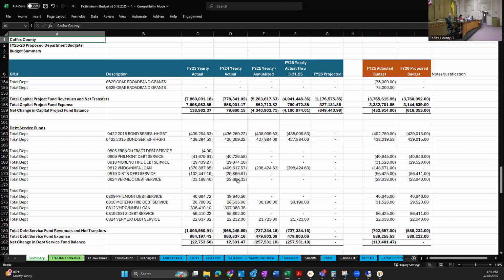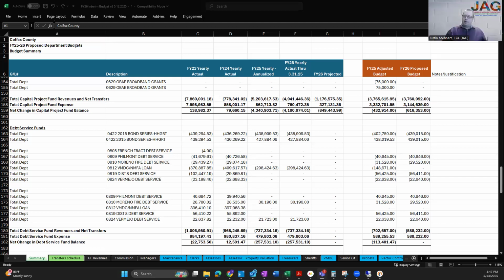Okay, thank you. And then I'd like to determine what vacancies there are if we're at a 1.2 million shortfall that you're saying we still have. Yeah, I have an Excel that lists all the vacancies.